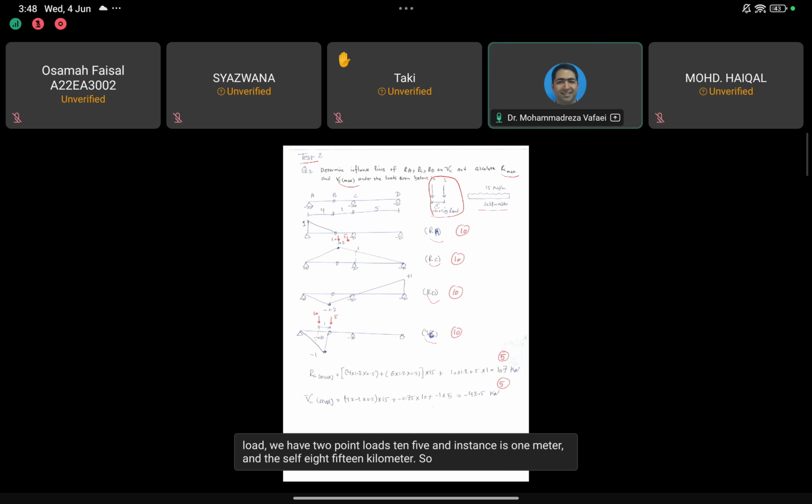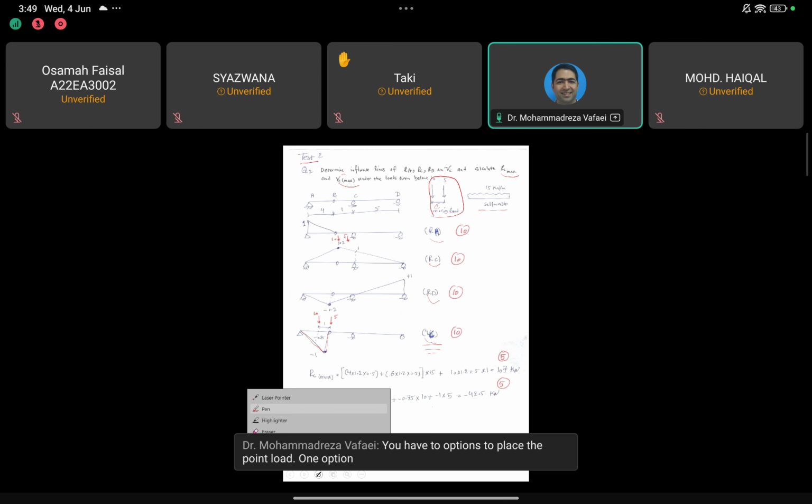So for VC, this is our influence line. Here you can see it hasn't been mentioned whether VC is positive or negative, because if you draw the VC influence line, you will see it's always negative. So if you want to get a maximum, you have 2 options to place the point load.